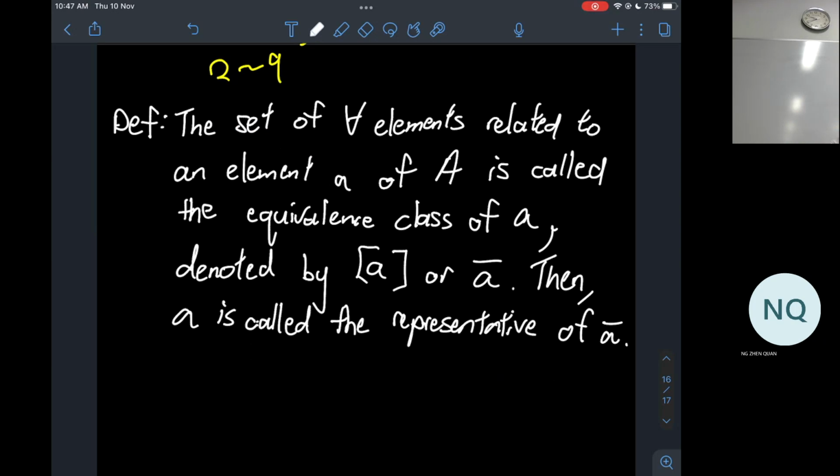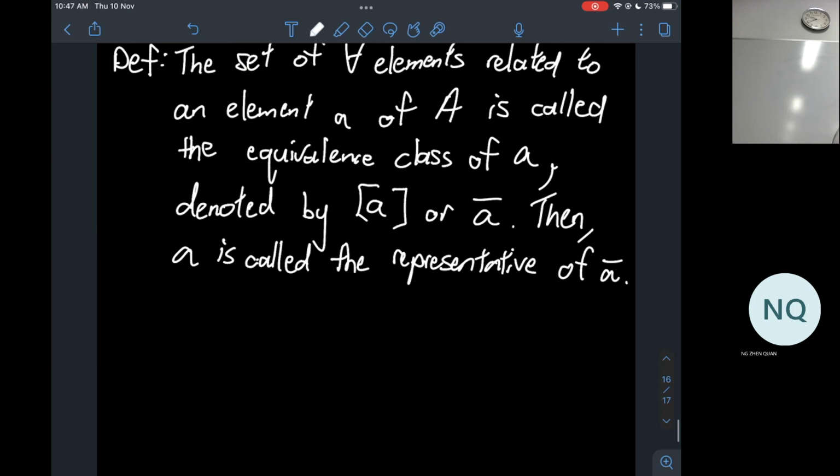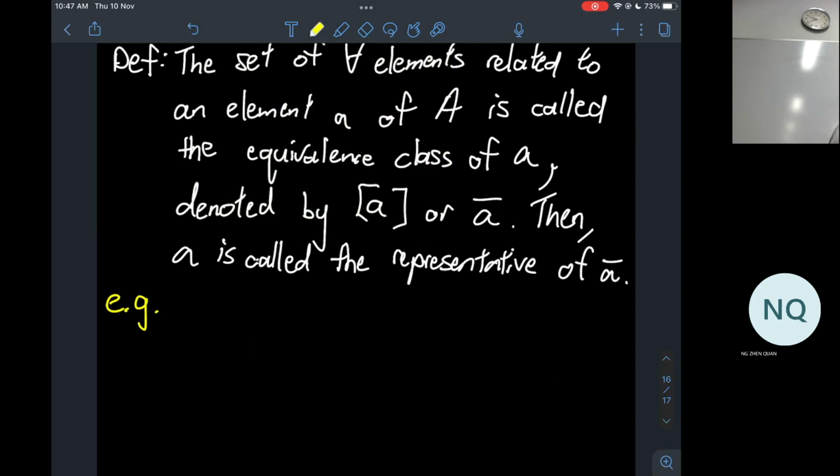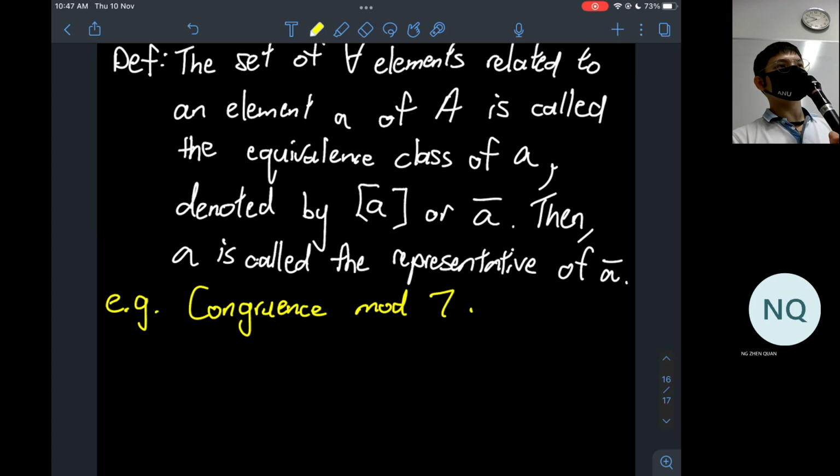Before we end this, I want you to observe one phenomenon here. We still keep the example of congruence mod 7. How many equivalence classes are there in congruence mod 7?